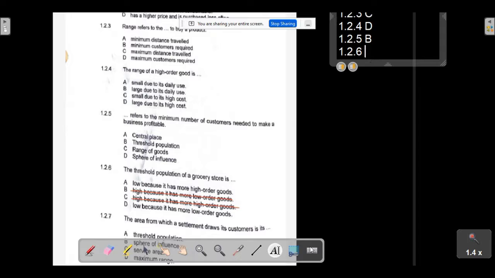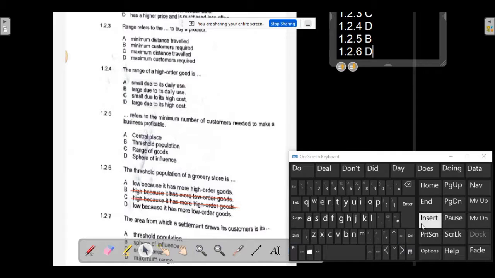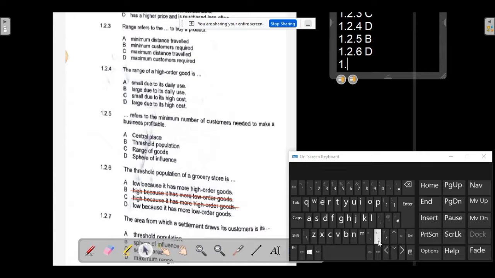Of course, we will look at this. A says it is low because it has more high order goods. No. D says it is low because it has more low order goods. Yes. So for 1.2.6, we're going with D. Okay, made a mistake there. So we're going with D for 1.2.6. Let's move, guys.